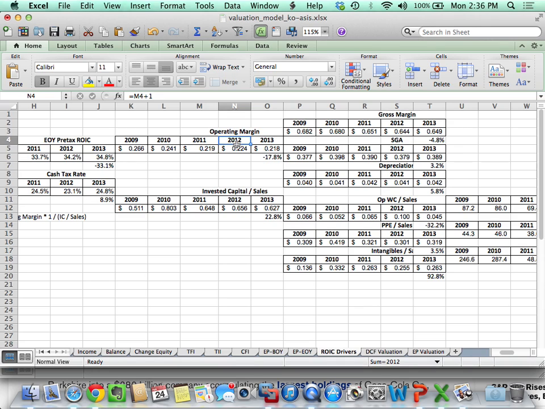They went from spending 13.6 cents to 26.3 cents, or a 10 cent per dollar increase in spending on acquisitions and intangibles. So Coke was really hurt by declining margins and some big bets in acquisitions, which probably didn't get the growth that they had hoped for.